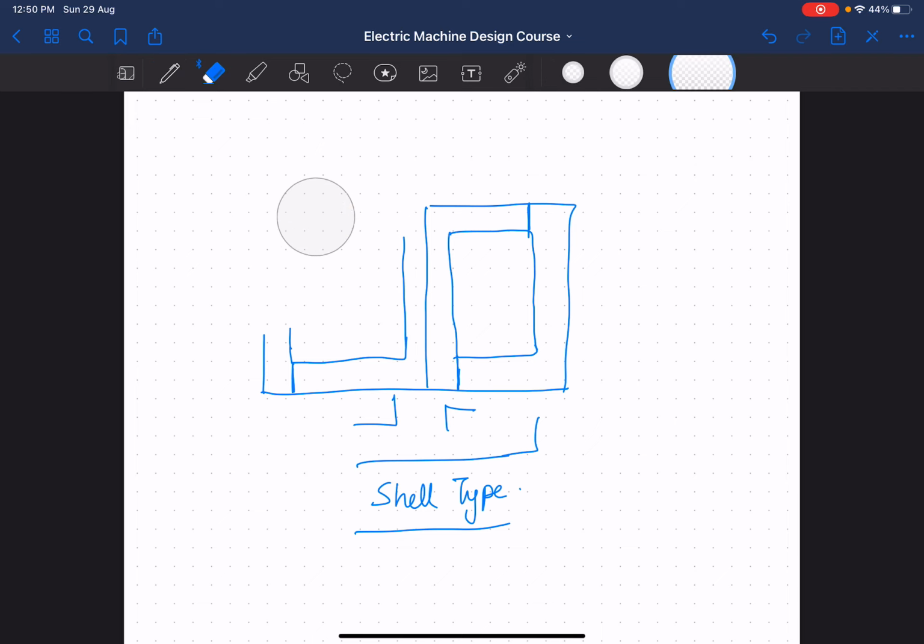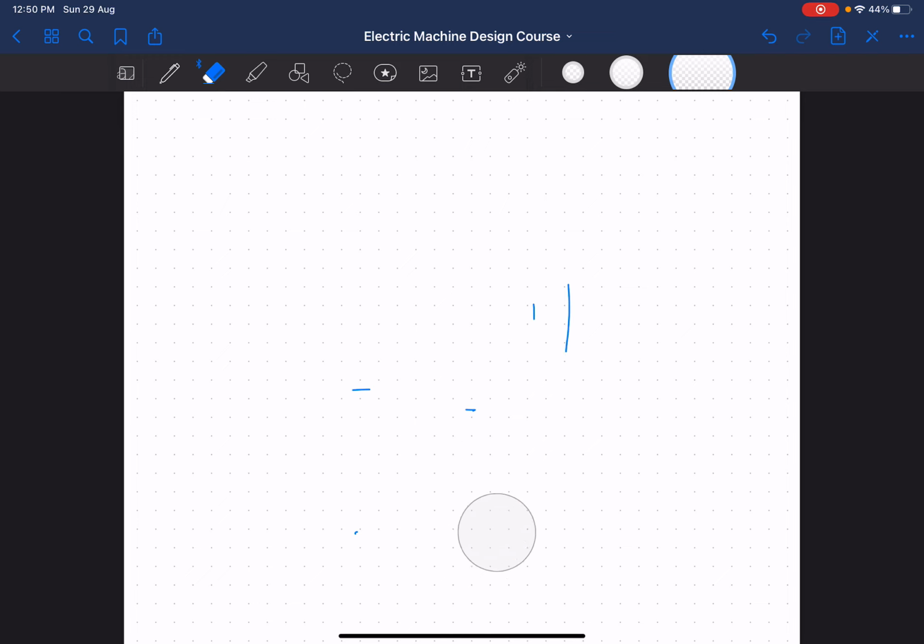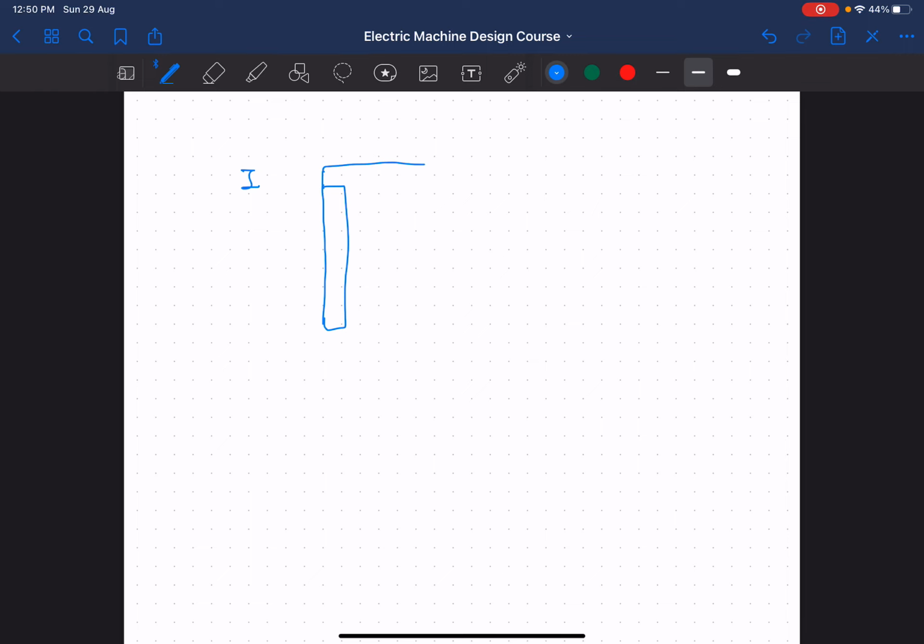So in this core construction, let's say you have an I section. You have this I, then you get another I like this, then you put another I over here, and you put another I like this.